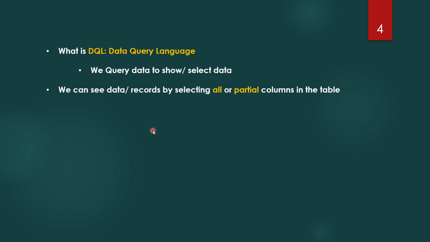It's all about communicating with the query engine to show us data by selecting data or records. If I say values, data, or records, it means the same thing. Sometimes they use value instead of data, sometimes they use records. We can see data or records by selecting all or partial columns in the table.